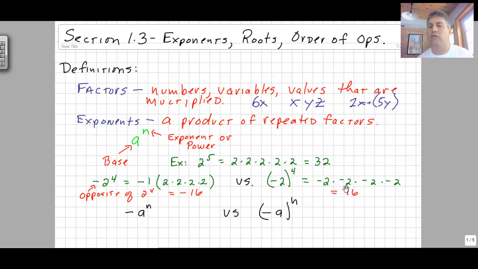So either way, you've got an even exponent, so you've got an even number of negatives. So we get a positive 16. So just be careful of the difference between the opposite of a to the n power versus the opposite of a, to the nth power. Know what's happening there.